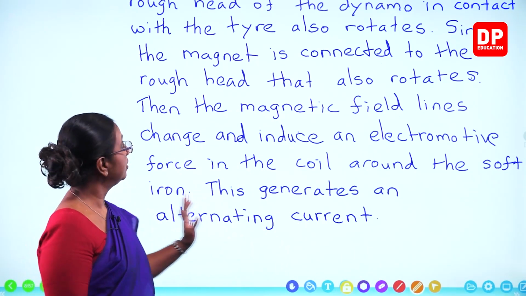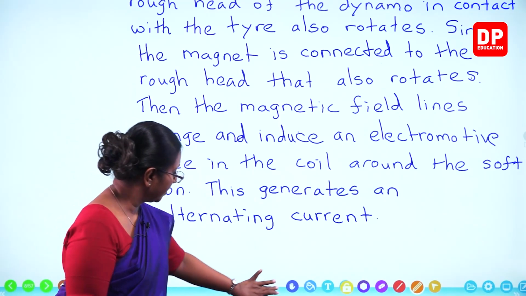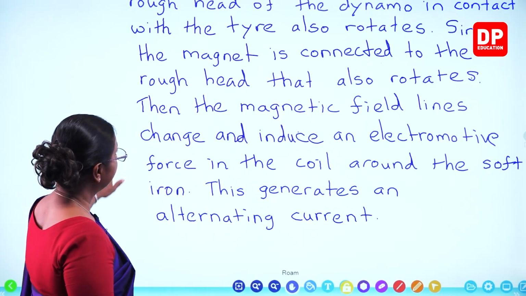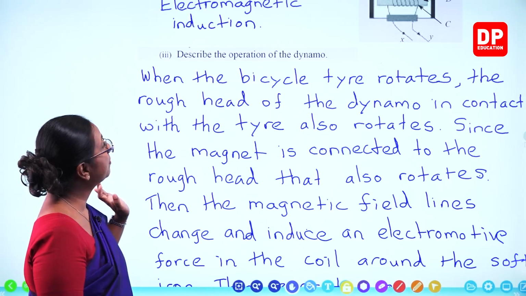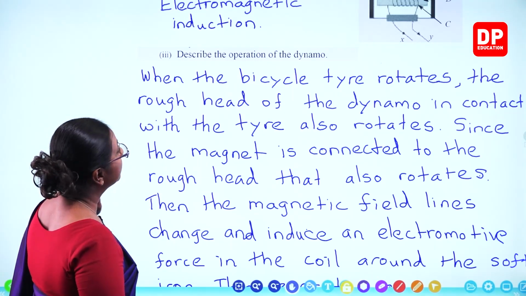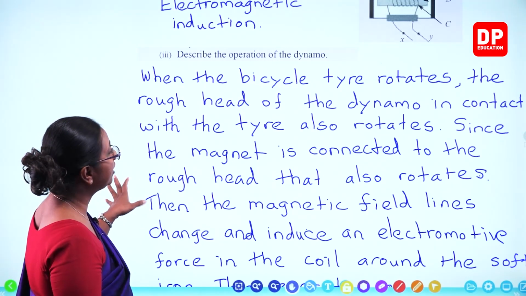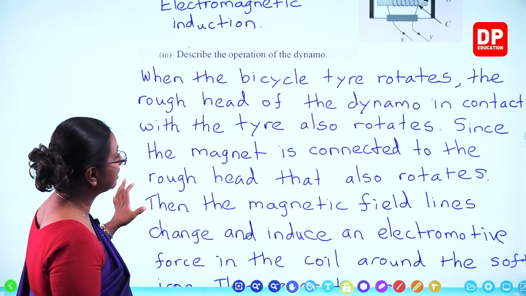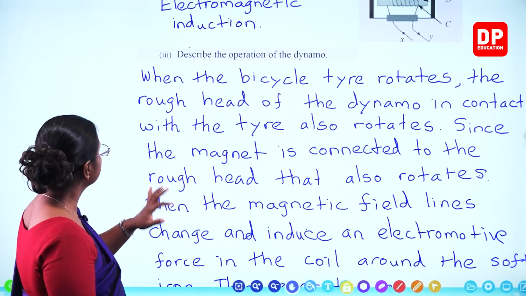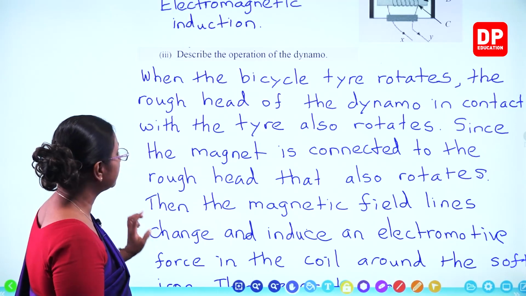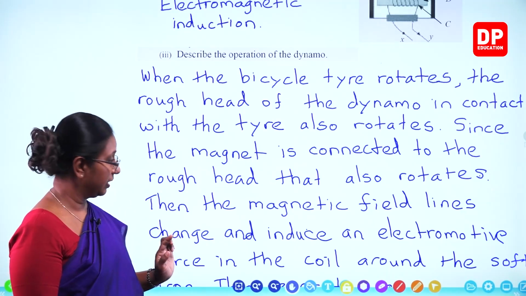So that is how the dynamo functions. If I read it again, describe the operation of the dynamo. When the bicycle tire rotates, the rough head of the dynamo in contact with the tire also rotates. Since the magnet is connected to the rough head, that also rotates.